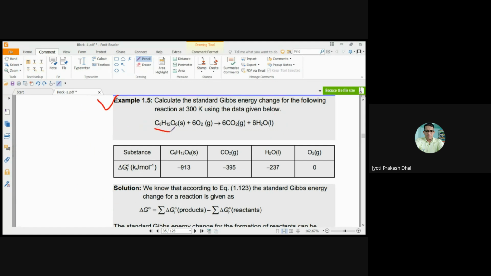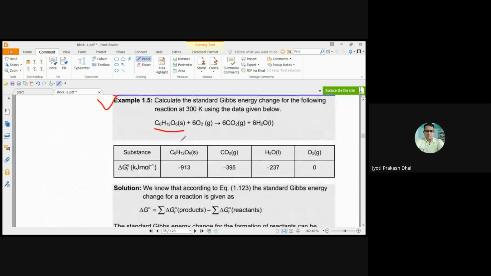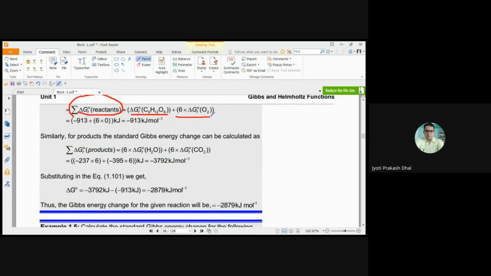So the summation of Gibbs energy of formation of the reactants equals the Gibbs energy of formation of glucose plus 6 moles of oxygen gas, that is 6 times the Gibbs energy of formation of oxygen. As oxygen is an element, its Gibbs energy of formation is 0, and the Gibbs energy of formation of glucose is given in the table. So the total value will become minus 913 kilojoule per mole.